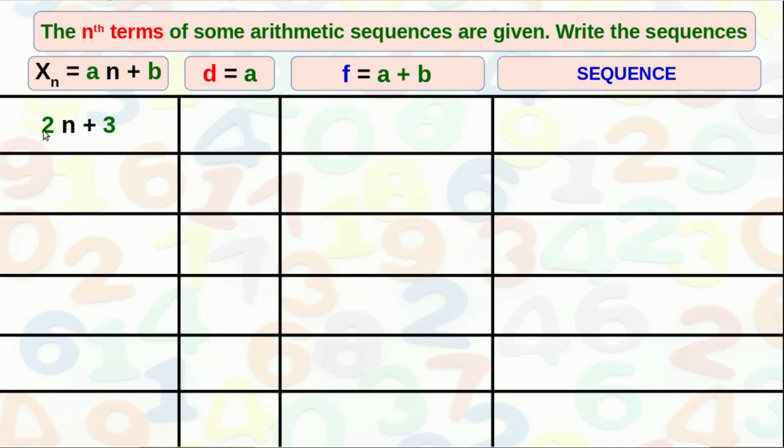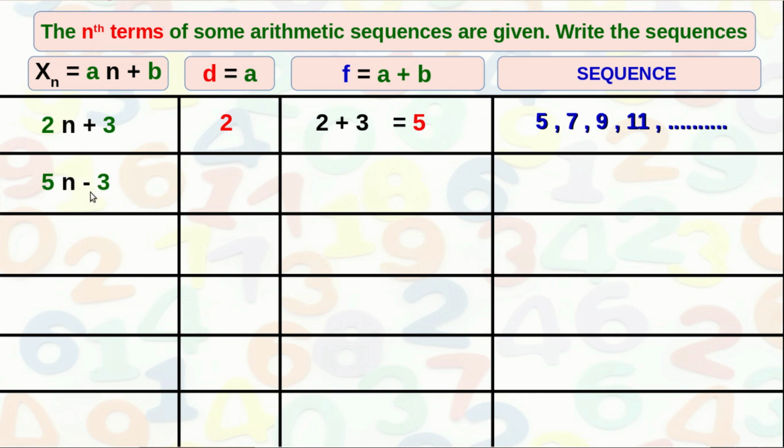That is 2. Therefore, the common difference is 2, and the sum of the coefficients 2 plus 3 equal to 5 will be the first term. The sequence starts with 5 and proceeds with the addition of 2 repeatedly. Therefore, the sequence is 5, 7, 9, 11, etc.